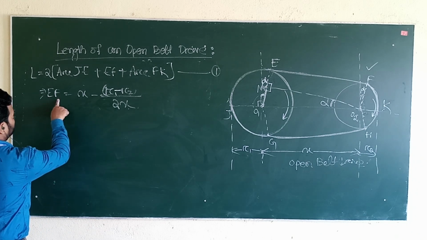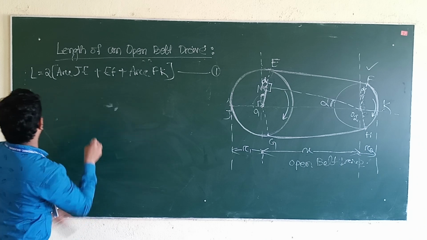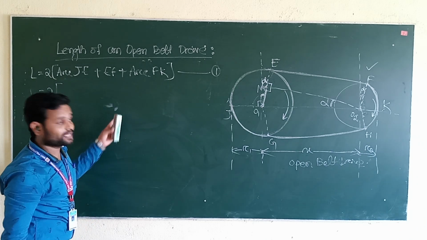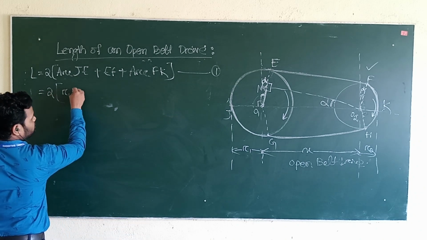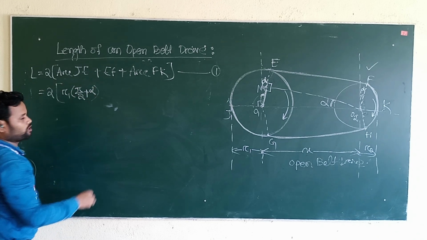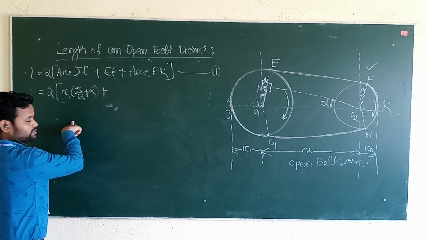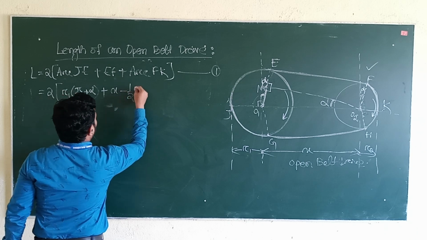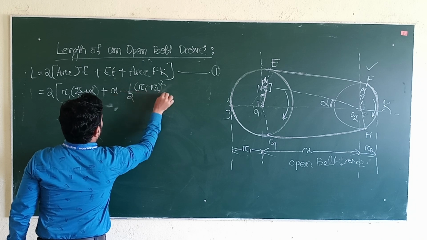You will remember EF equals X minus R1 minus R2 square by 2X. So L equals 2 into, what is the value of RJE? We have already calculated it: R1 into pi by 2 plus alpha. Plus the value of EF, which we calculated just now: X minus R1 minus R2 square by 2X.